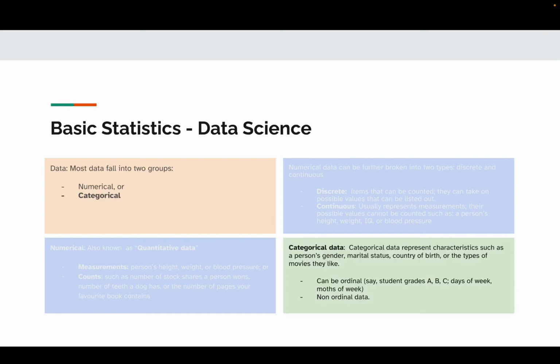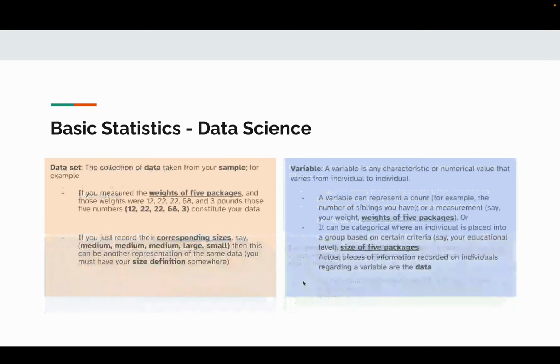Friday comes after Thursday, and Sunday comes before Monday. So these are ordinal data. And the others are non-ordinal data, for example, the name of your country or your marital status.